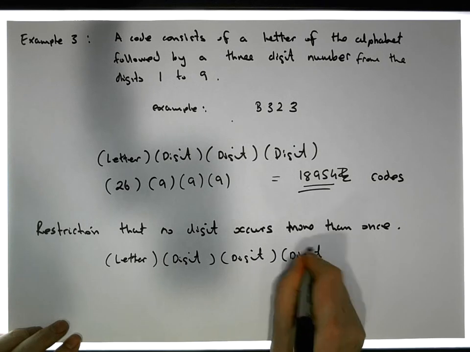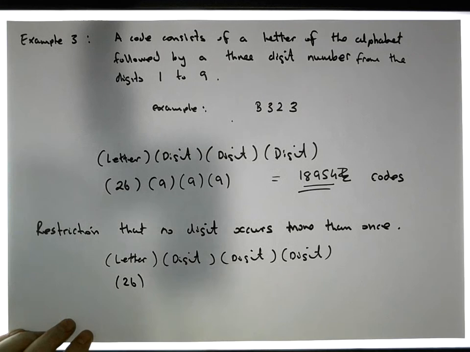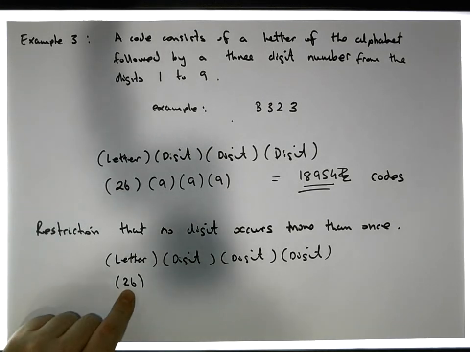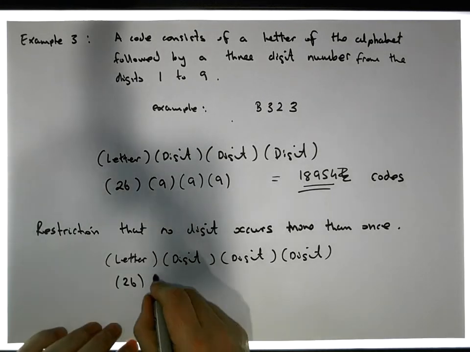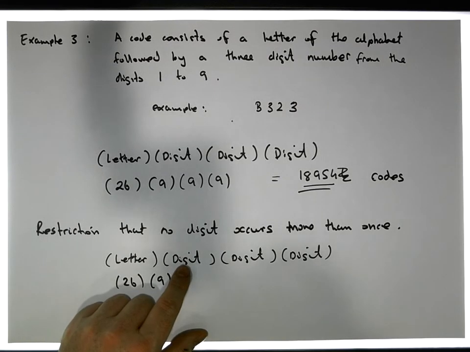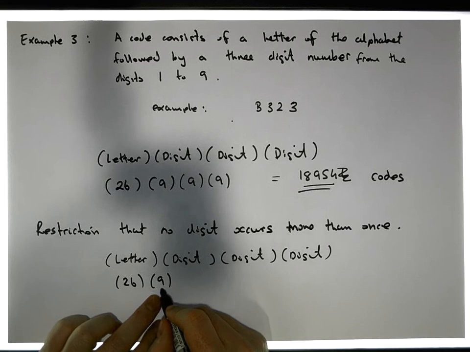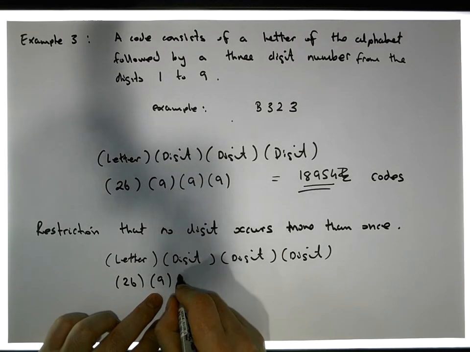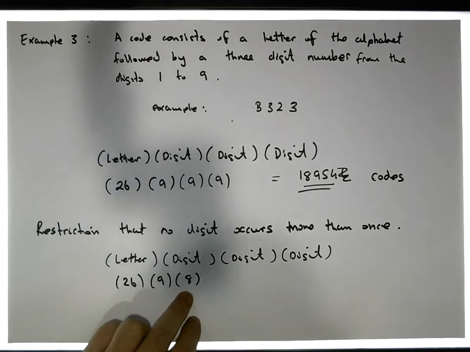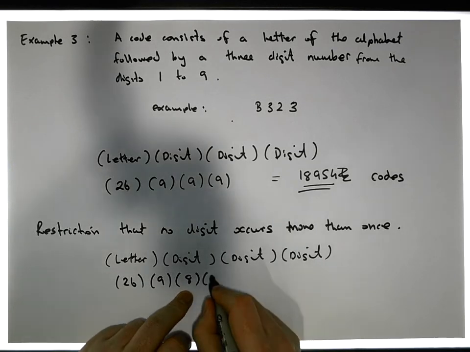You've got 26 choices for the first letter of the code. You have 9 choices for the first digit. Then, because whatever we choose for the first one can't occur as the second one, you have only 8 choices for the second digit, and whatever's occurred before can't occur in the next one, so you have only 7 choices here.